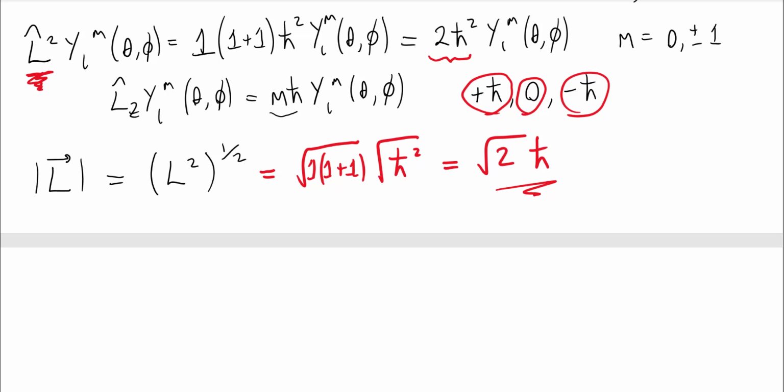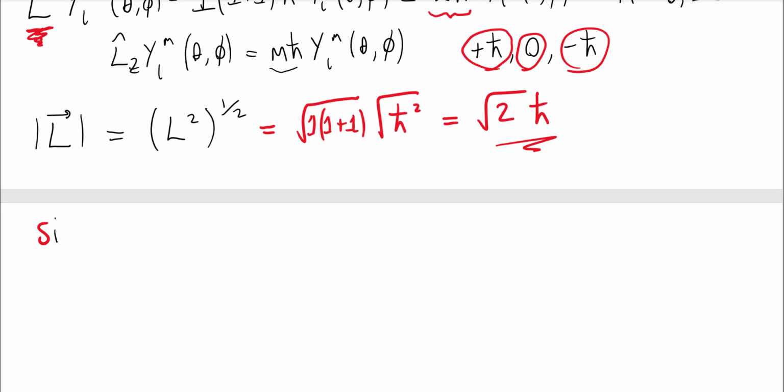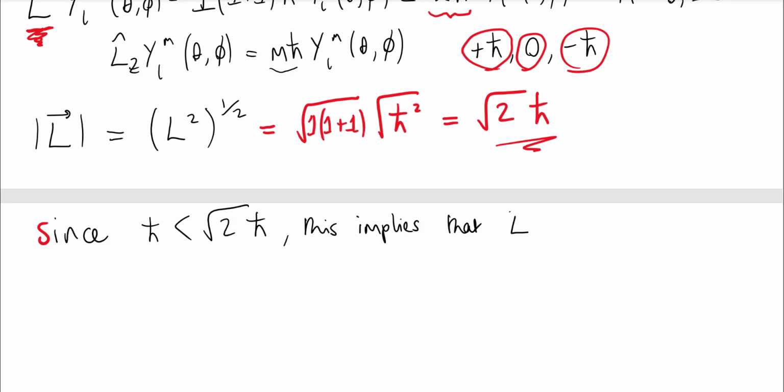So what does that mean? Since h bar is less than root 2 h bar in this particular case, this implies that the total angular momentum and the angular momentum in the z direction cannot point in the same direction.